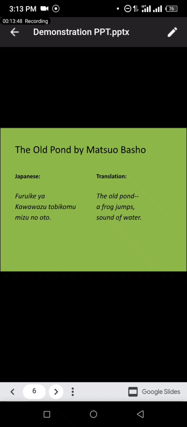Basho gives vivid pictures of nature in its simplest form while providing us with symbolic meanings toward a person's state of mind.